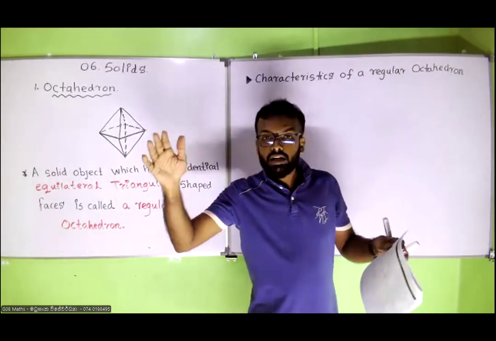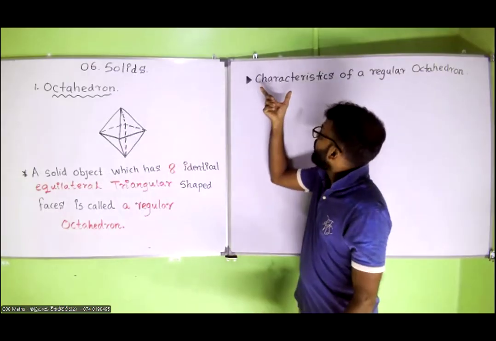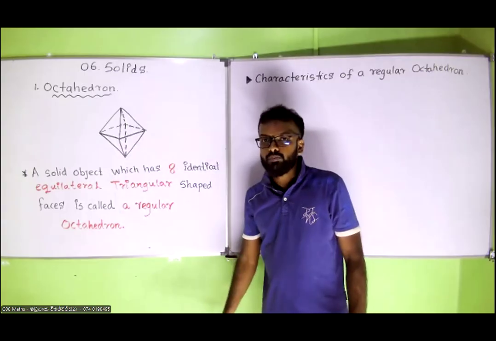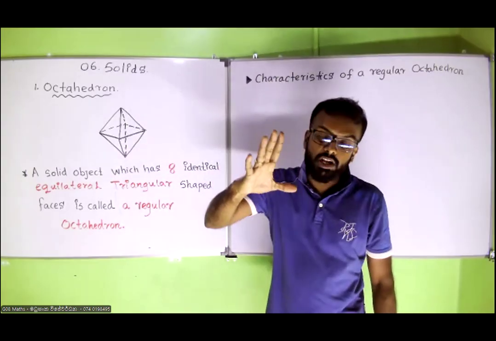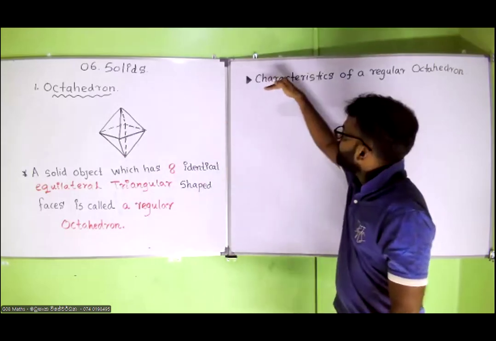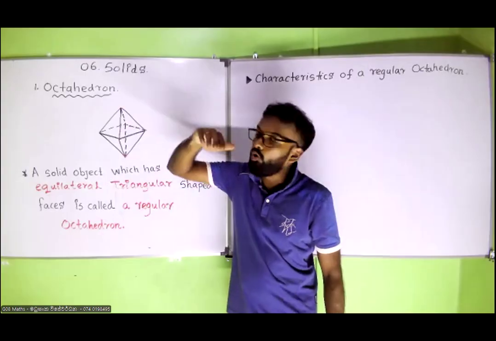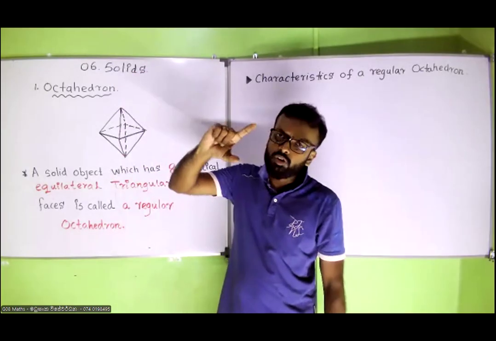There are 4 special properties or characteristics that you need to know for a regular octahedron. What are those?